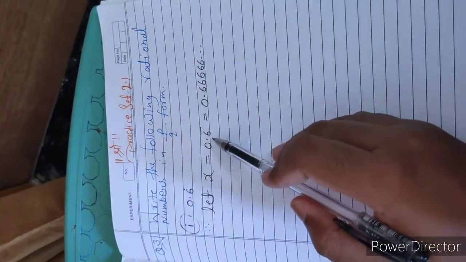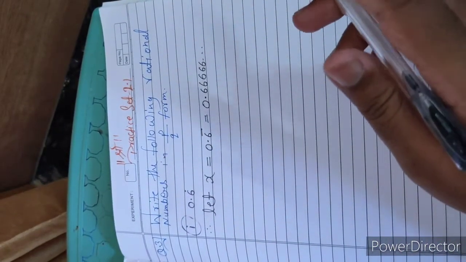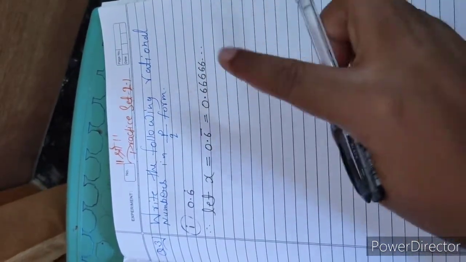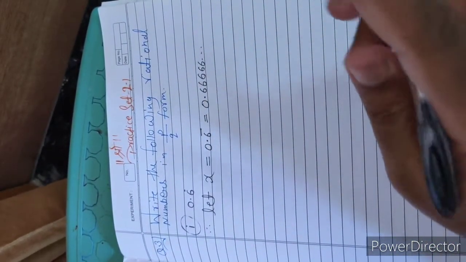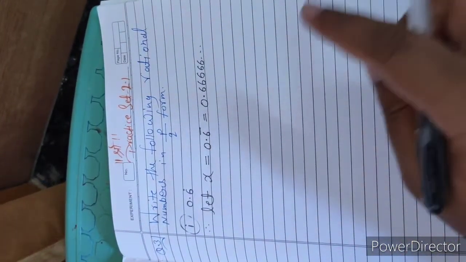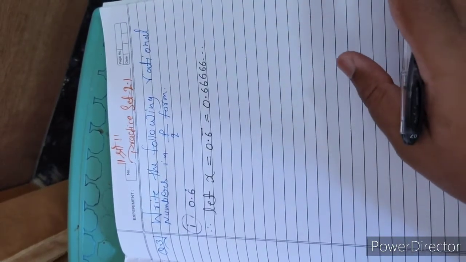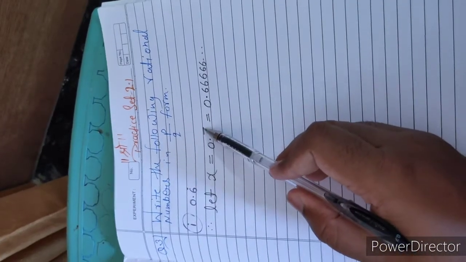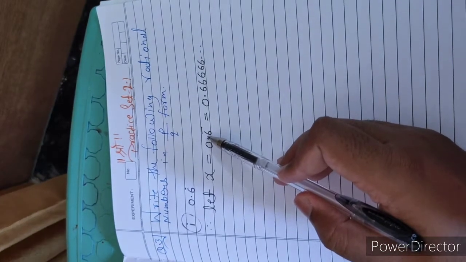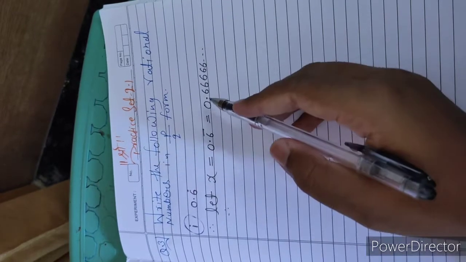If it was present at two numbers, for example 0.343434, that is 0.34 bar, then we would take the number which carries 2 zeros, that is 100. Here the bar is present on one number, so we will multiply by 10.